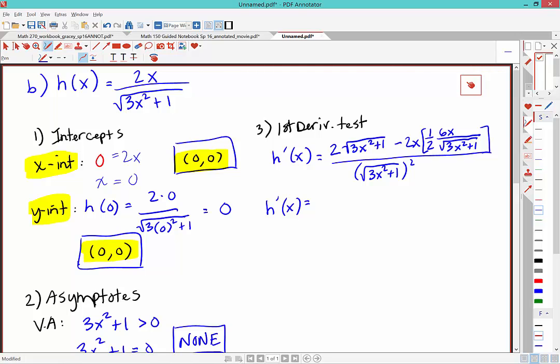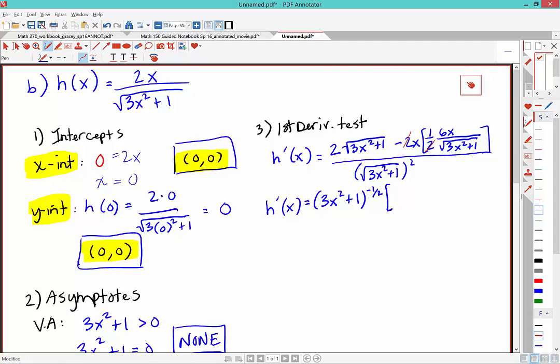let's see what we have. So the 2's divide out. So we'll get something along these lines. We can factor out a 3x squared plus 1 to the negative 1/2.